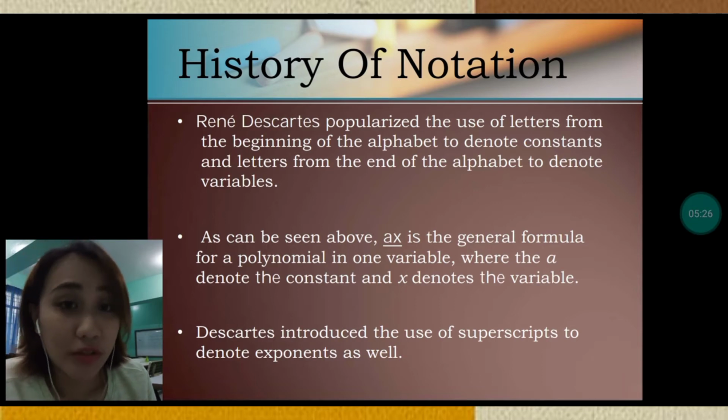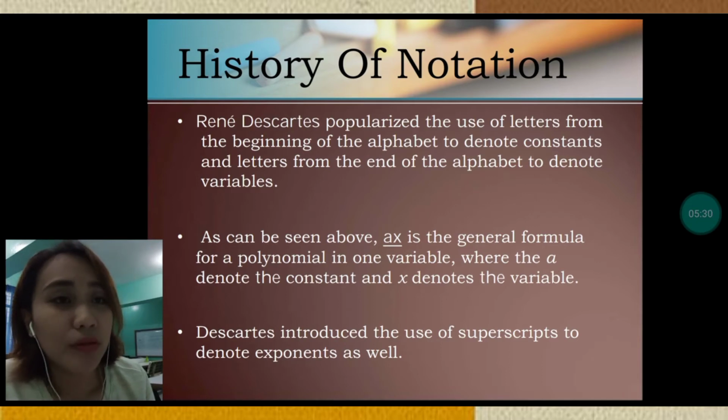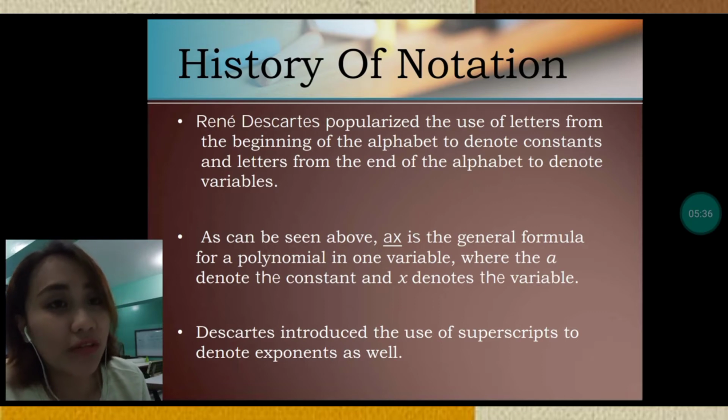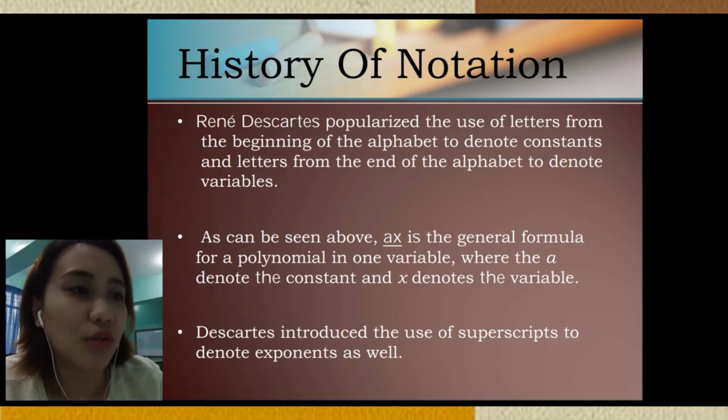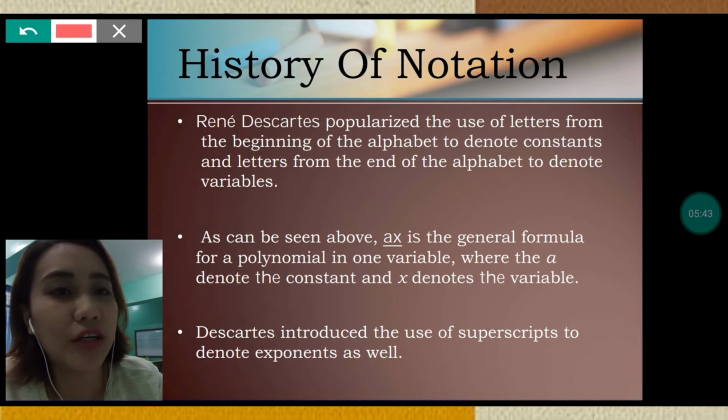He was the one who discovered the Cartesian plane, and in algebra, in terms of polynomials, he popularized the use of letters from the beginning of the alphabet to denote constants. So, the letters A, B, and C.